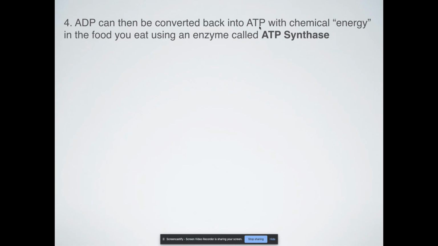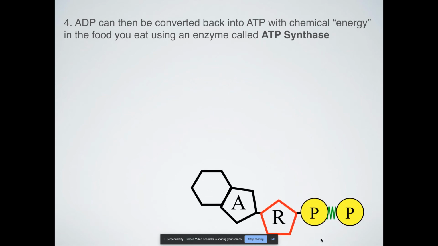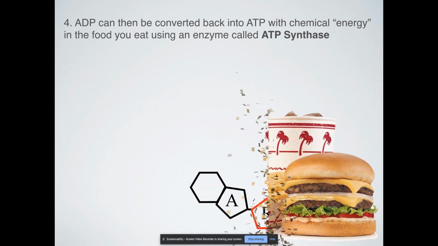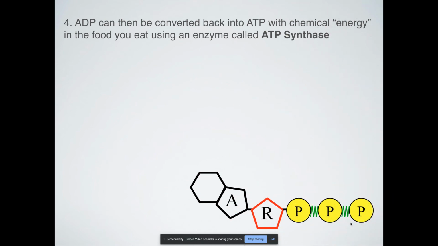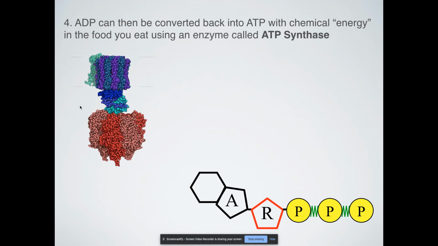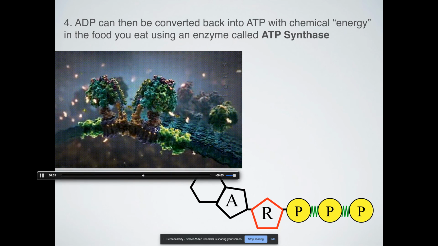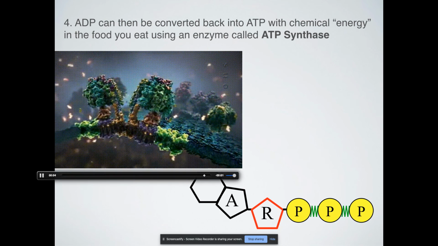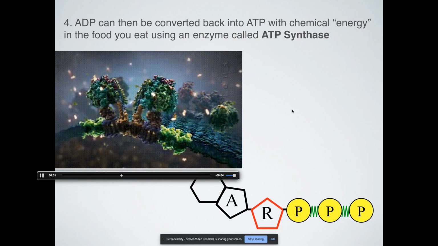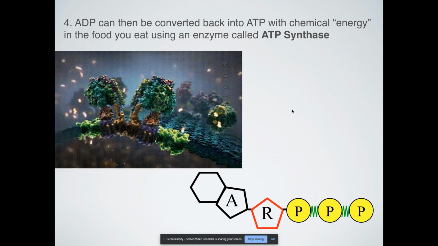It literally means it's an enzyme that manufactures ATP. Go figure, right? So you can take this, put some food, phosphate comes back on. And that ATP synthase is what does that. So this is what ATP synthase looks like, and here it is kind of doing its job. So this is it converting ADP into ATP.